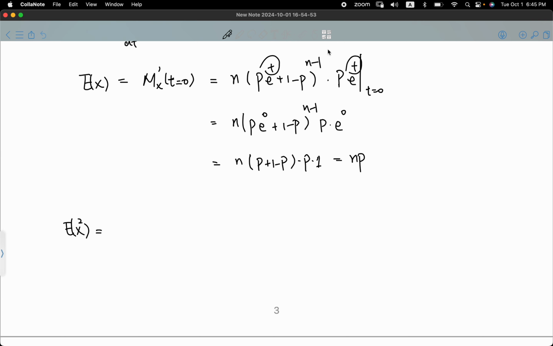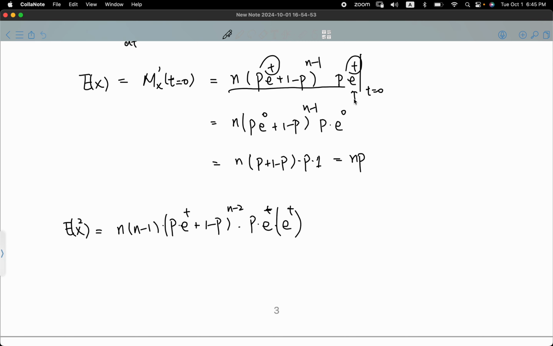So maybe we can cut in here. So I'm going to first take the derivative for the part that I underline here, and then multiply by that, and then take the derivative of this multiplied by the whole thing here. That's the product rule. So you will have n multiplied by n minus 1, let me just finish writing, times (1 minus p plus p e^t) to the power n minus 2, and you have p e^t, and then don't forget another copy of e^t.